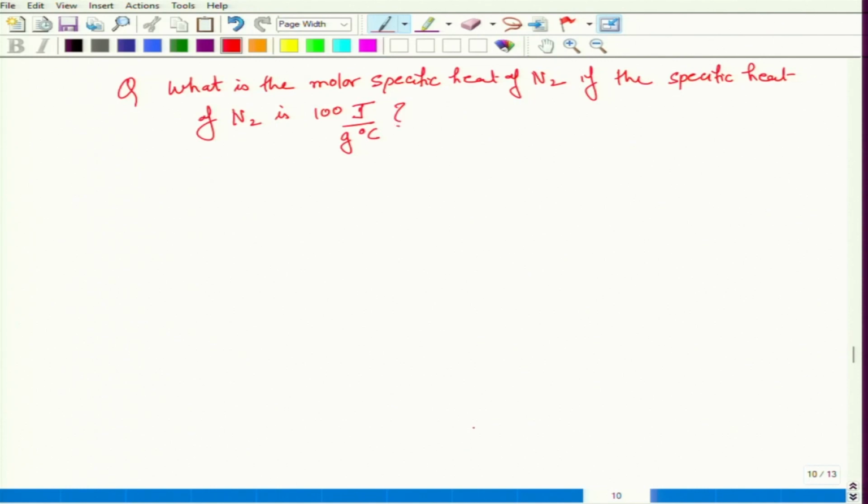So we know the molar mass of nitrogen is 28. So capital C should be small m into small c.